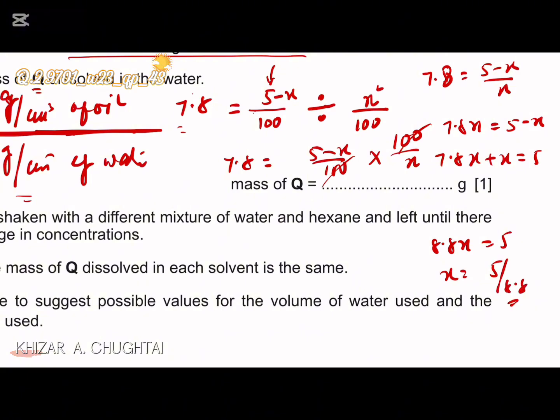And here X is equal to 0.5655 gram. So this is the value of X that has been shifted towards water.